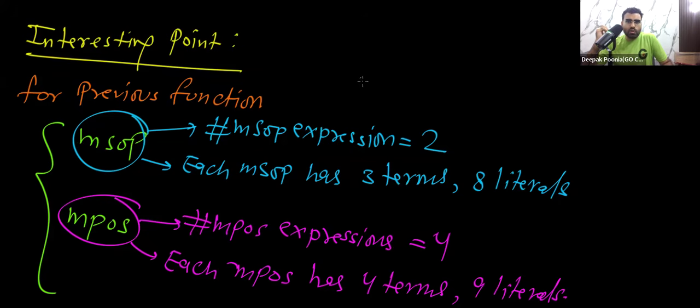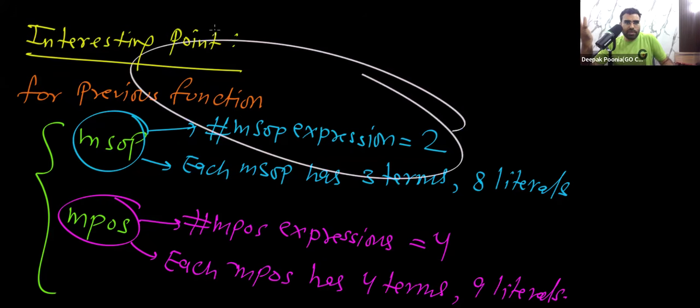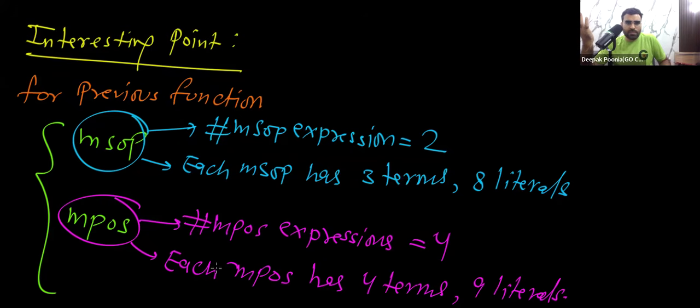So please understand, there is no relationship between minimal POS and minimal SOP. Both represent the same function, but you can have a different number of minimal SOP and minimal POS for the same function. You can have a different number of terms, and a different number of literals, in minimal SOP and minimal POS for the same function.